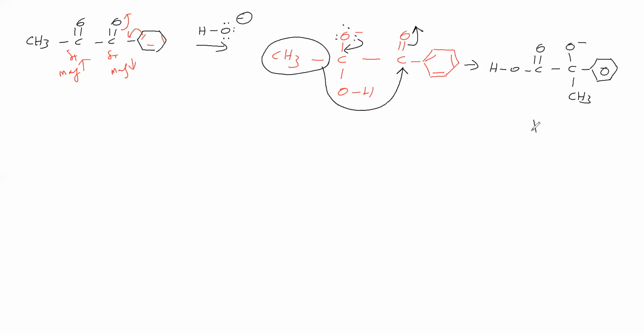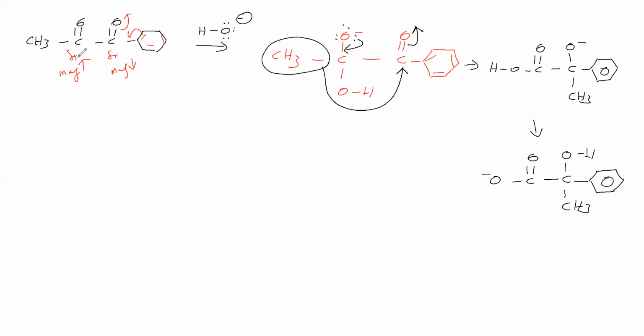What is the next step? From here H plus is transferring to this place. So O minus, C double bond O, COH, CH3, this phenyl ring. It is called the benzylic acid rearrangement. So by seeing the reactant, how to say the product? First we have to select, in the alpha diketone, if it is unsymmetric, which carbonyl carbon is more reactive.